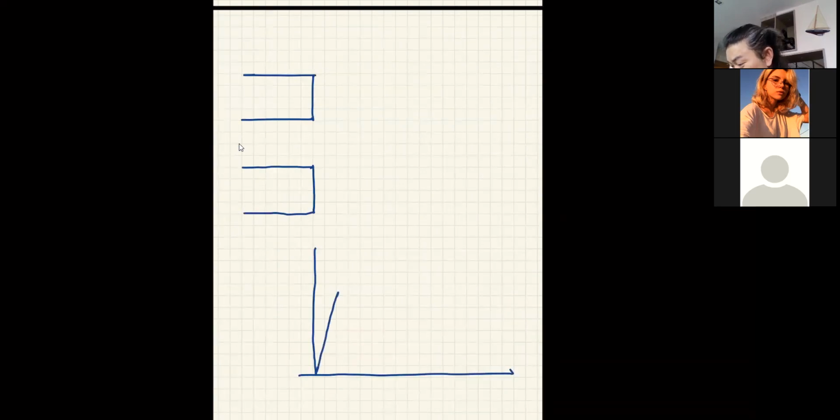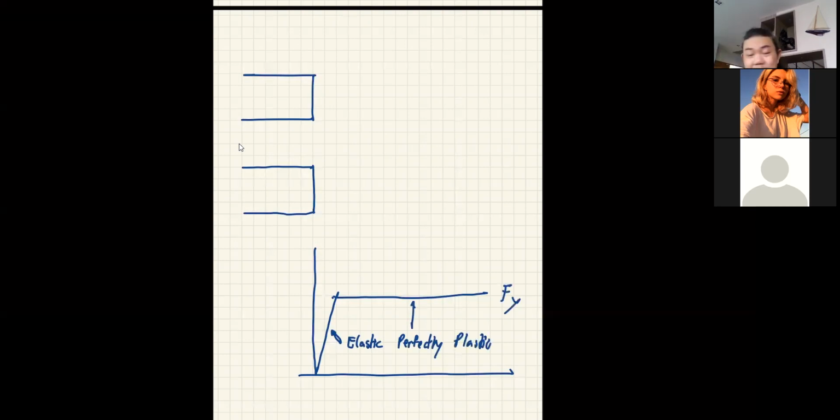We are going to use this elastic and perfectly plastic. Okay, that's your Fy. That's your epsilon y, correct? That's the strain where the yielding occurs.